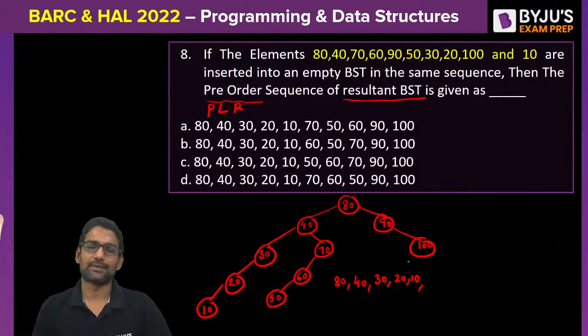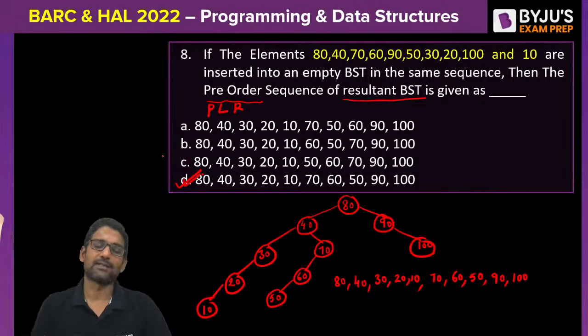Then right is again a subtree, so first parent, then left, and then 90, 100. So 80, 40, 30, 20, 10, 70, 60, 50, 90, 100. It is option D. Yeah, the answer for question number 8 is also option D.